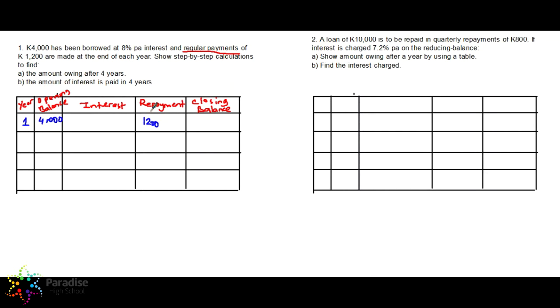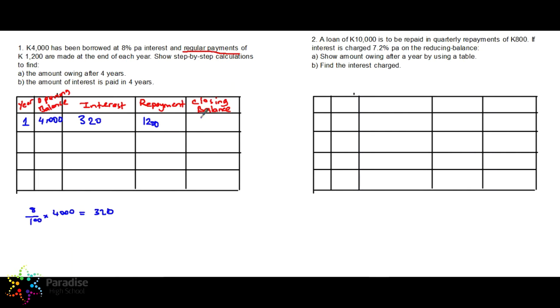So how am I going to calculate the amount of interest? Very simple. What is 8% of 4,000? That makes 320. So you have to pay 320 kina interest on top of the opening balance.